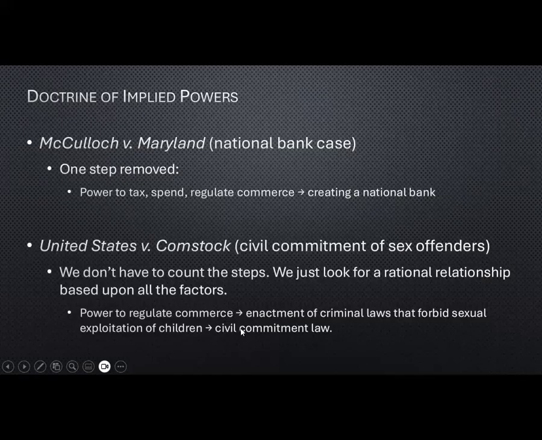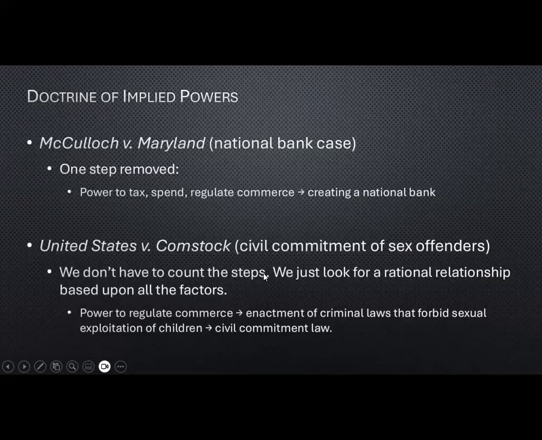But now in this Comstock decision, you have to make this leap, the civil commitment law, back to the power to regulate. You can't do it directly. You have to go through these extra steps. And if you're just expecting the court to strike it down because of precedent, the precedent was McCulloch, where they are just finding an act one step removed from an enumerated power.